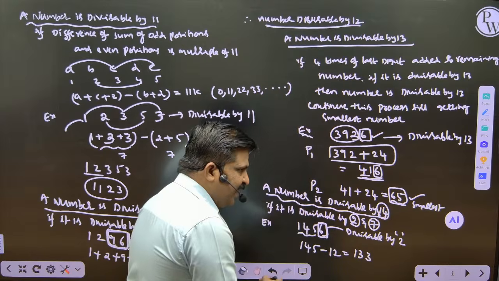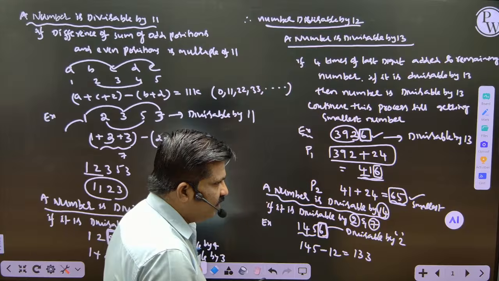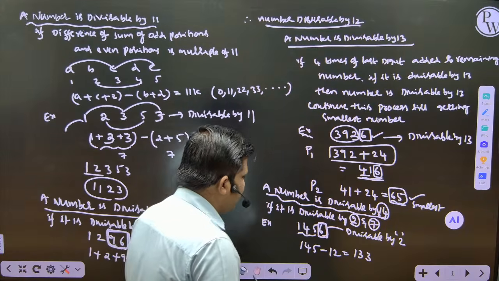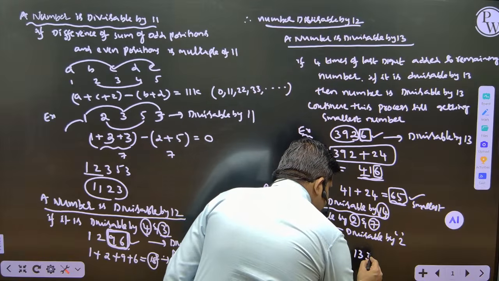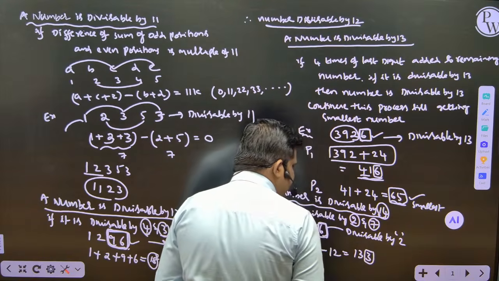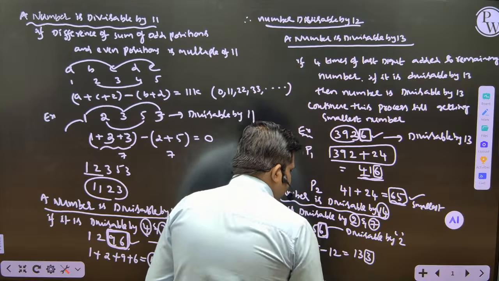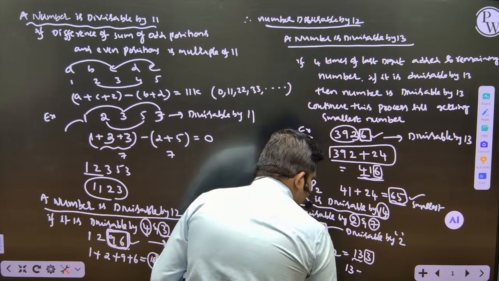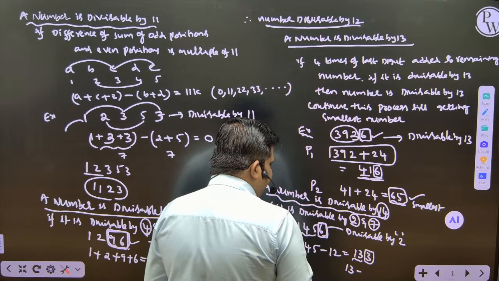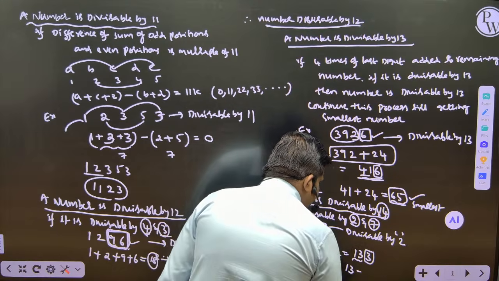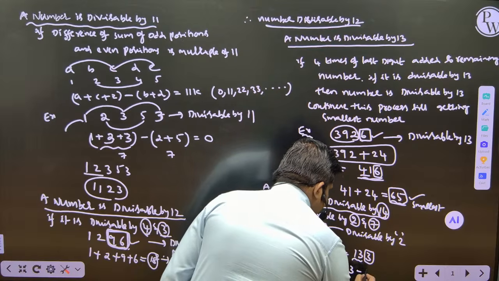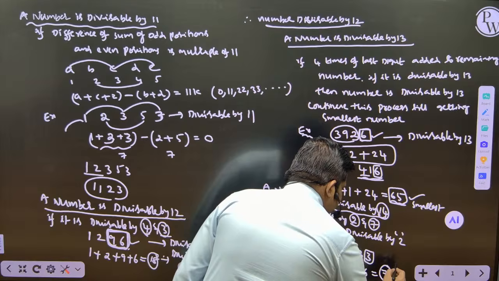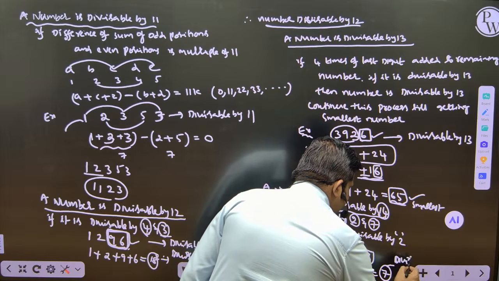If you feel it is still difficult, you can apply the same process again. The last digit is 3, the remaining number is 13. From 13 you subtract 2 times the last digit, 6. Then you get 7. So it is divisible by 7.